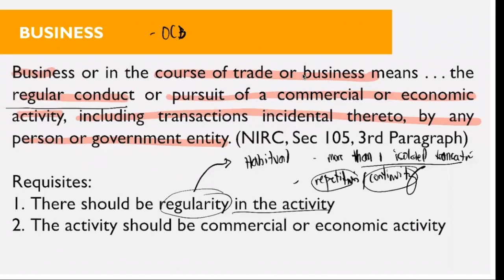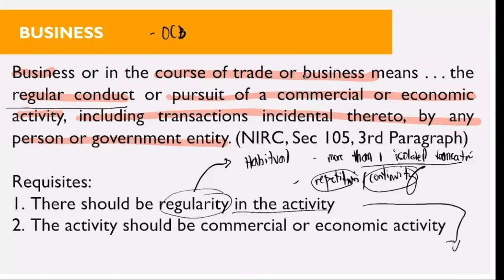Now the question is, what is the exception to the rule on your regularity in the activity? So our rule is, if there is a repetition, habituality, or continuity of service or the course of trade, then it is subject to business tax and it is considered a business. But what if that is only an isolated transaction?